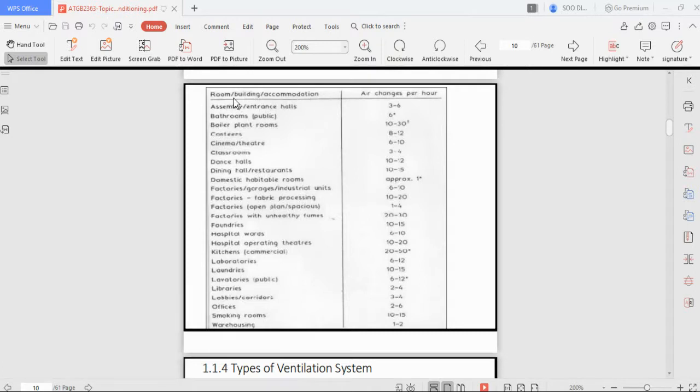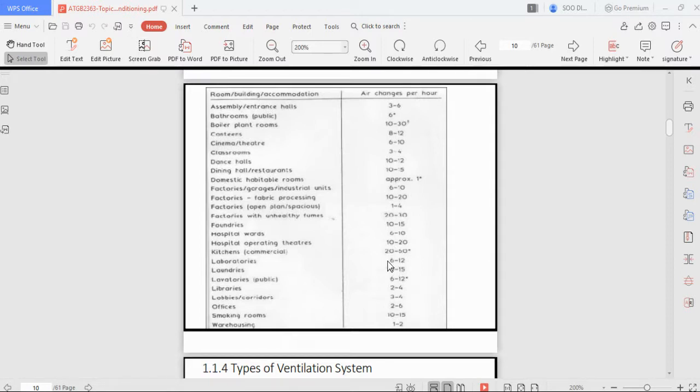and this is determined inside the UBBL. All these different buildings have different air changes per hour. So if you are building a hospital, you need to check how many air changes per hour are required.